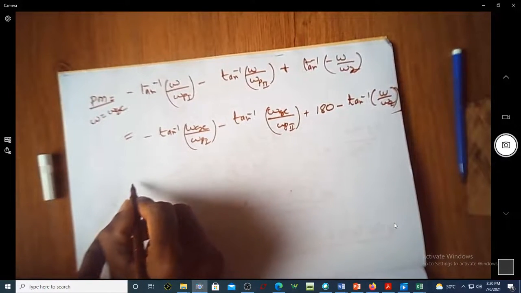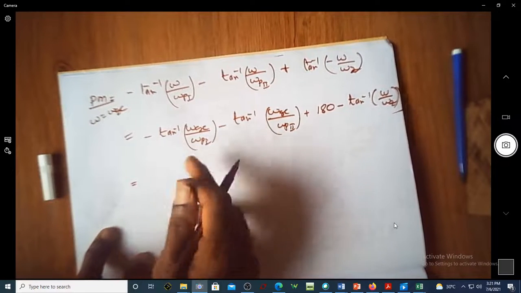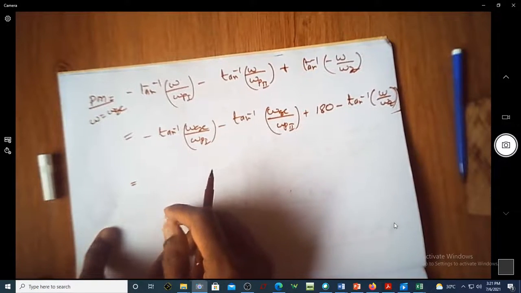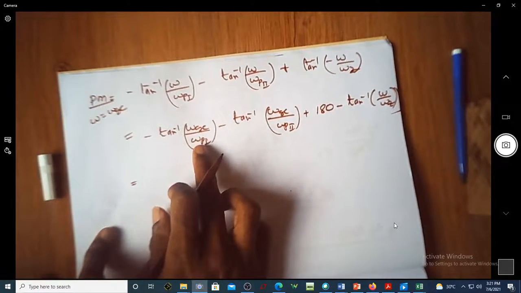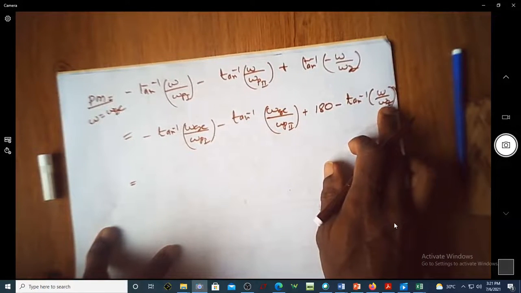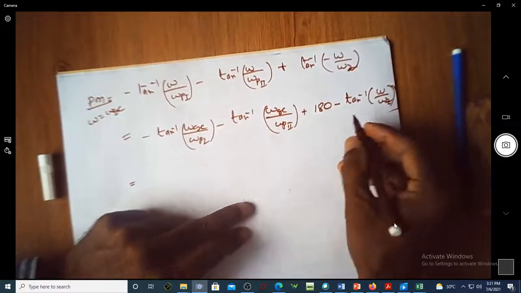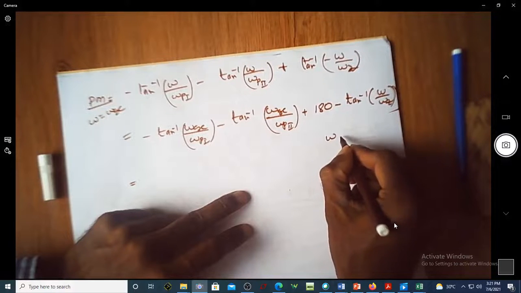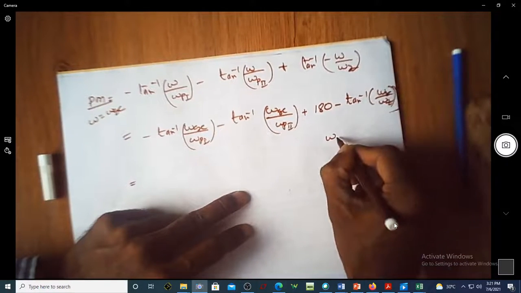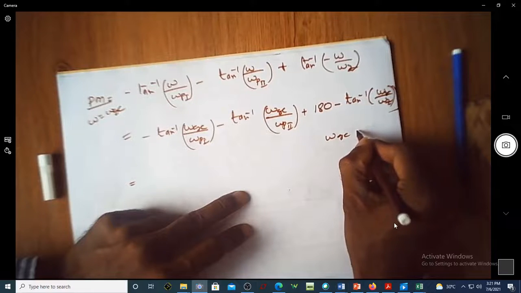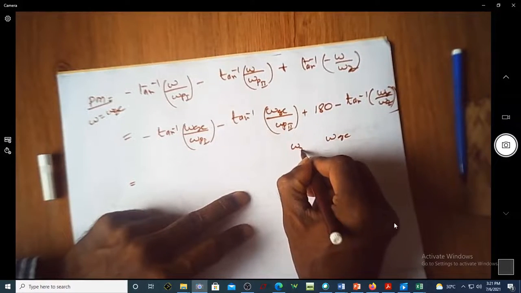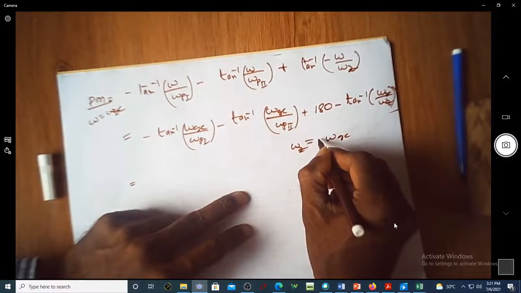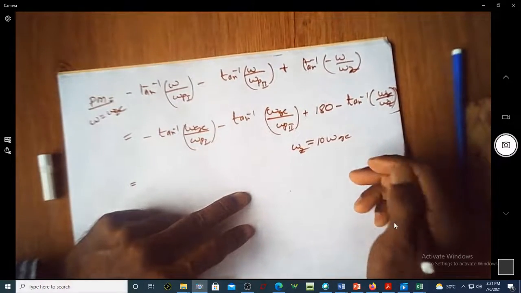Now let us substitute the values of omega gc and omega p1. We assume that omega z is at least 10 times omega gc.